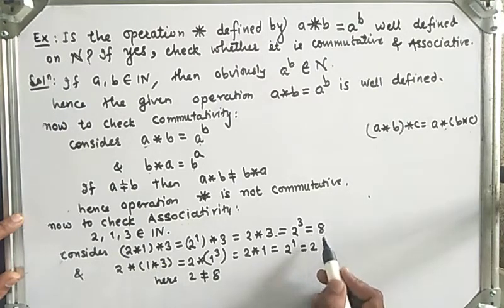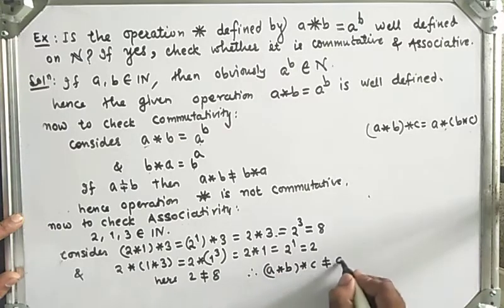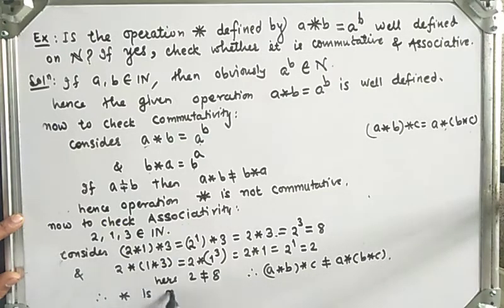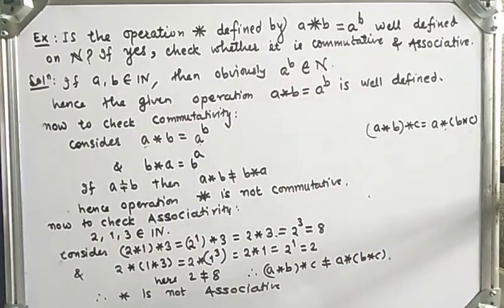Means (a star b) star c is not equal to a star (b star c), therefore star is not associative. Means the given operation a star b is equal to a raised to b is not commutative as well as not associative, right?